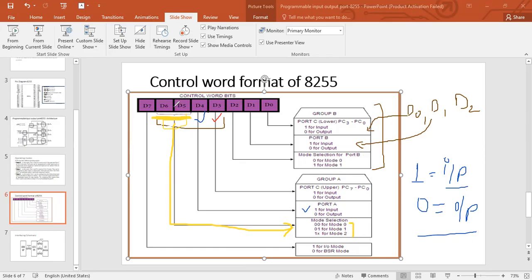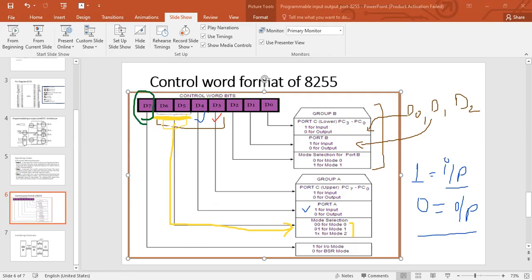So this is the detail of all the bits from D0 to D7. Now the last bit, that is D7, decides whether 8255 is operating in input-output mode or BSR mode.